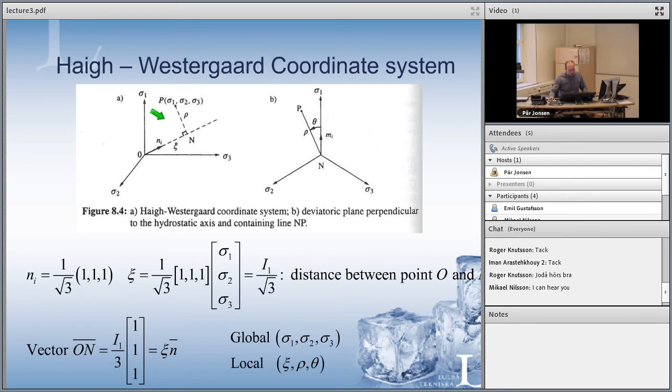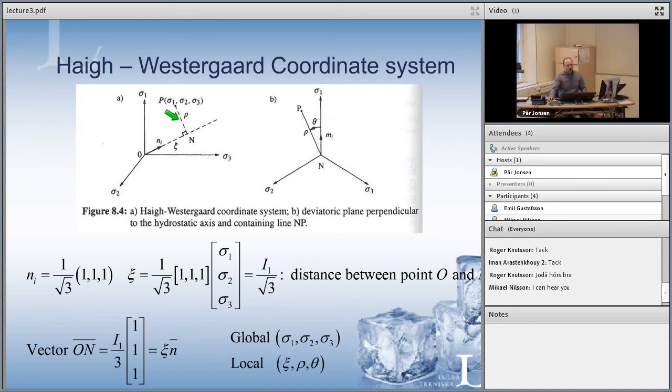You will have your pressure point here at point P. So you need to describe it with a vector from origo to this point P here. But another way of doing it is to put the plane exactly on point N here.